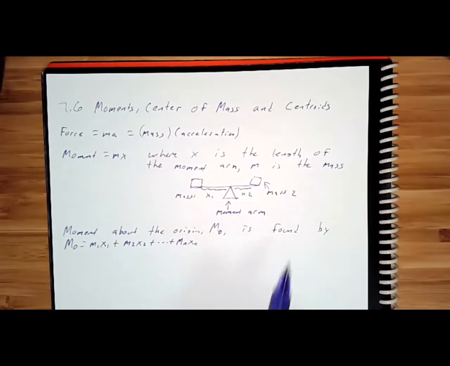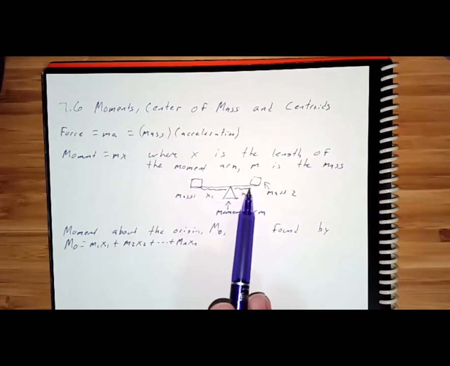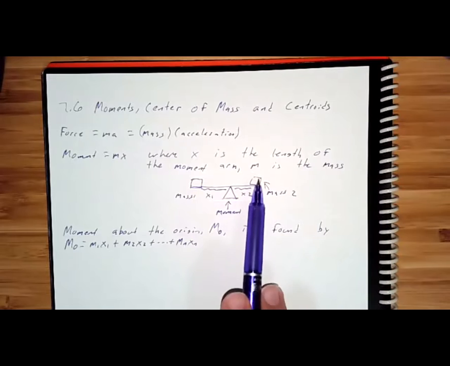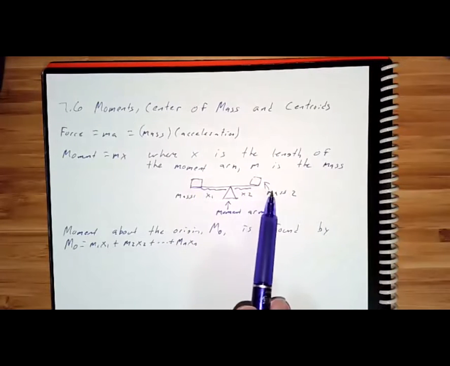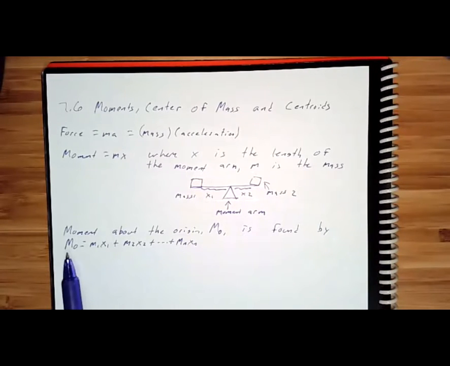So this x2 times that mass, this x1 times that mass, adding them up will give you the moment about the origin. That's when the integrals are going to come in. You're going to find the sum of a bunch of these little rectangles and find the moment. That's what we're going to do in a little bit.